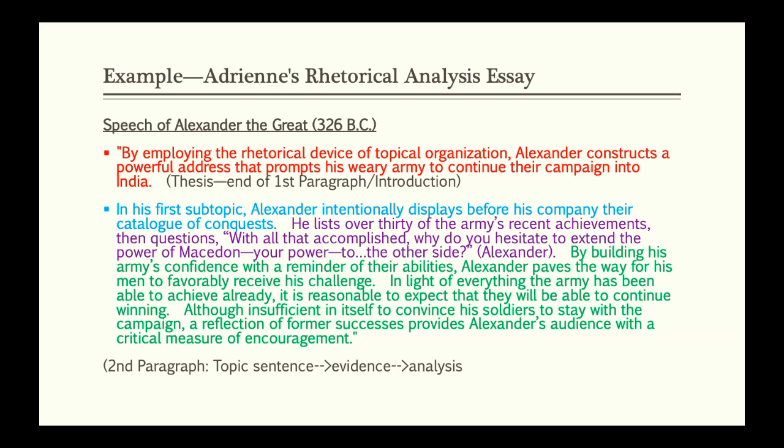So like, in light of everything the army has been able to achieve, it's reasonable to expect they'll be able to continue winning. And then the next sentence is really good to think about too when you do this, because something that some professors even require in the prompt is for you to keep touching on, was it effective, was it ineffective? So here it's good to say it was a good thing to say, but it was insufficient in itself to convince them to keep going.